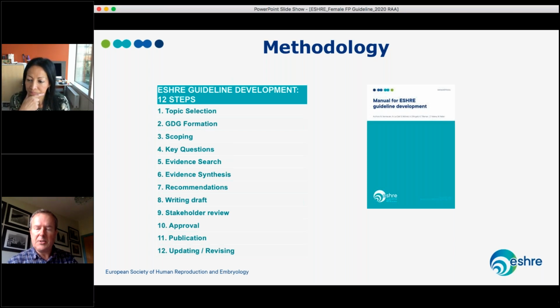And then that gets approved by EXCO, and a summary of the guideline itself is obviously on the web, and a summary publication is in process with Human Reproduction at the moment. We also have a patient information leaflet that we derive from this as well. And this will then be revised in some 5 years' time, as I'm sure a mountain more evidence will have arrived by then.